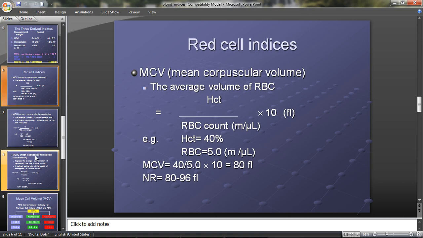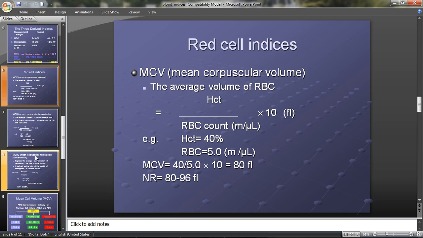Red cell indices, mean corpuscular volume, the average volume of a RBC. This determines the average volume of RBC in the total population. The formula for calculation is hematocrit divided by RBC count multiplied by 10, and the result will be expressed in the units as femtoliters.